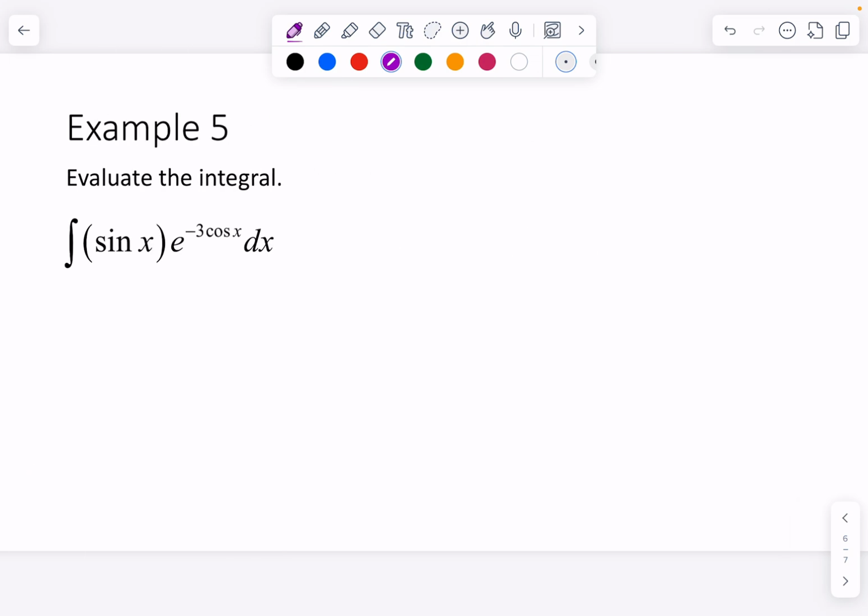Okay, this next one. Now again, I think this is a very appropriate question, especially for an AP test. So make your u what your exponent is. So if I make my u negative 3 cosine x, my du is negative 3. The derivative of cosine is the negative sine. So that's 3 sine x dx.